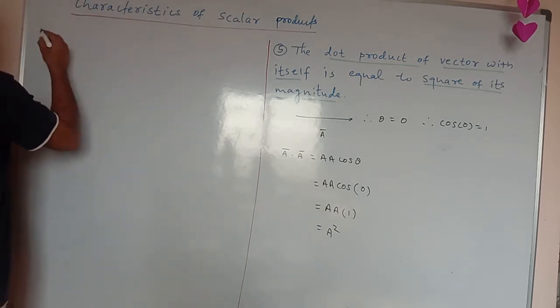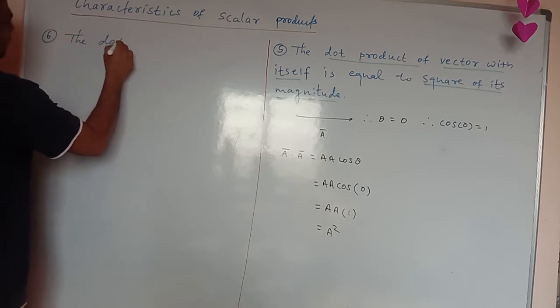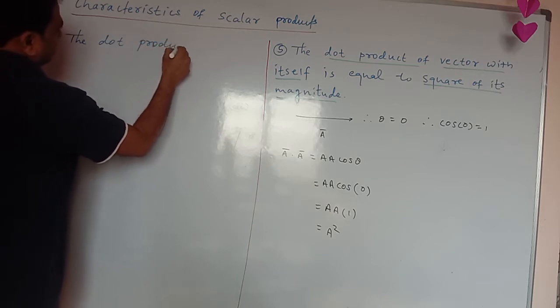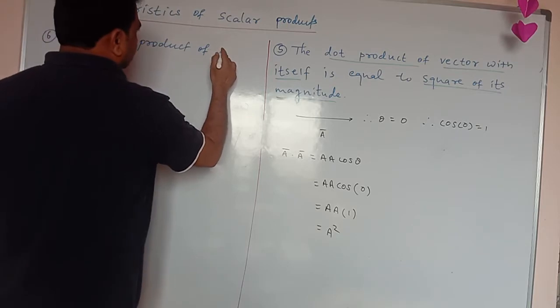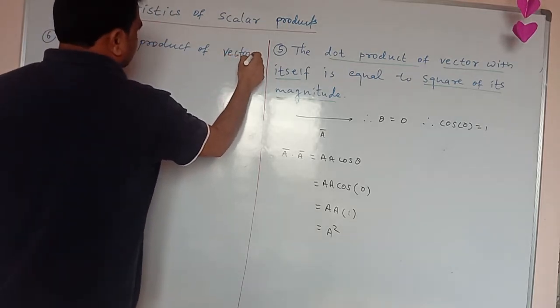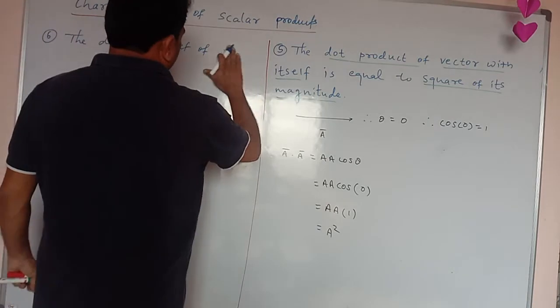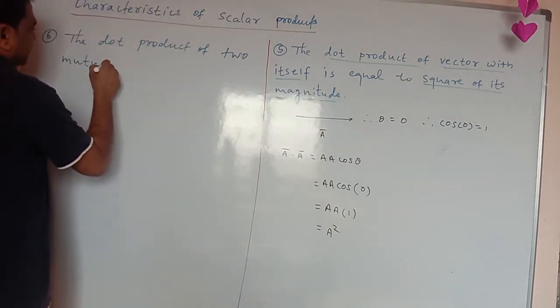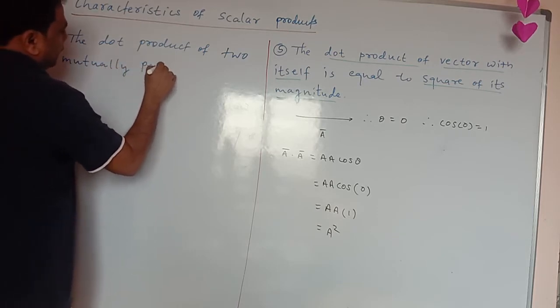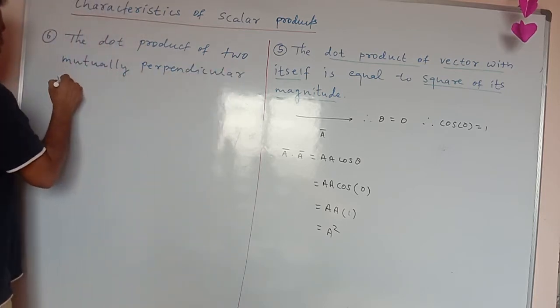So the next characteristic is the dot product of two mutually perpendicular vectors.